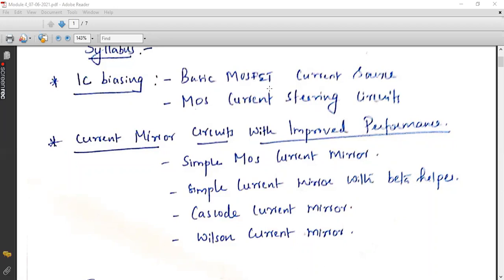It may have many cascaded stages, and different amplifiers will produce different gain. So accordingly, the biasing circuit required for each amplifier should be different according to its specifications and requirements, isn't it? Rather than designing separate biasing circuits for each stage, we will make use of a special technique called current mirror and current steering circuits for biasing. So that we are going to learn.